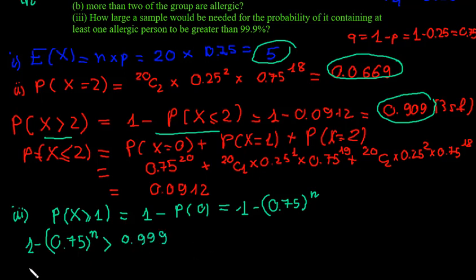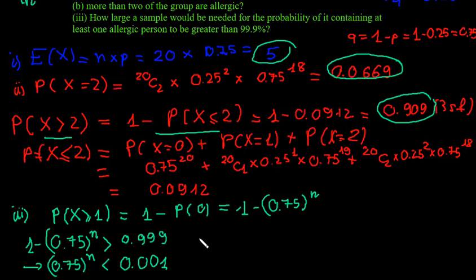So simple math: 0.75 to the power n has to be smaller than 0.001. So from here, how can we find the value of n?